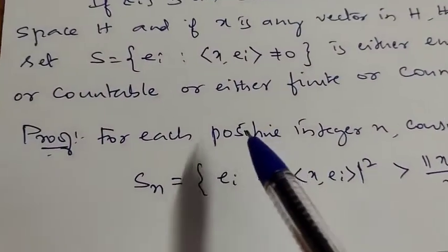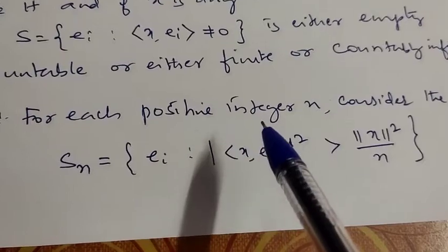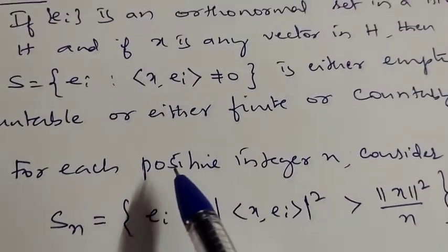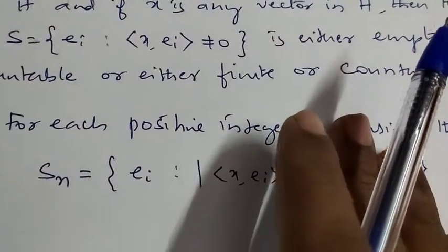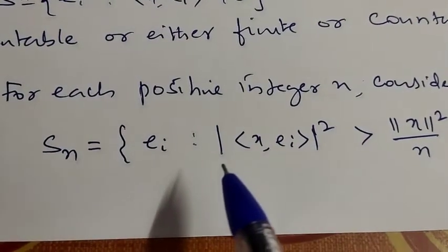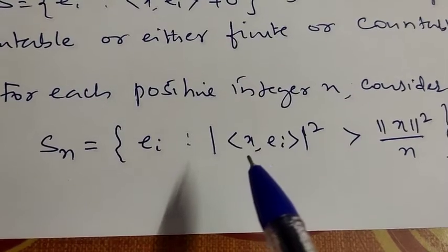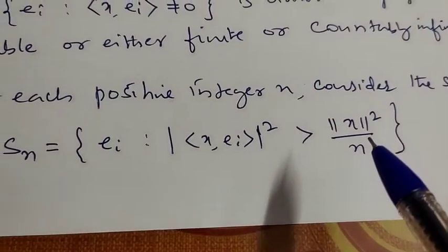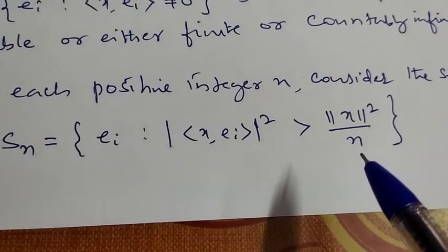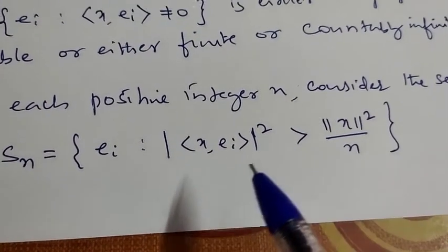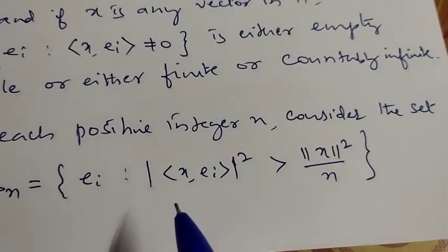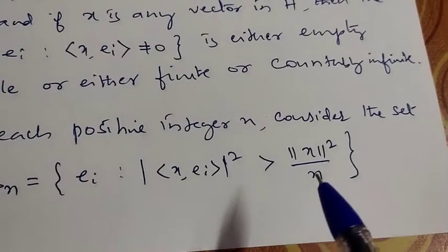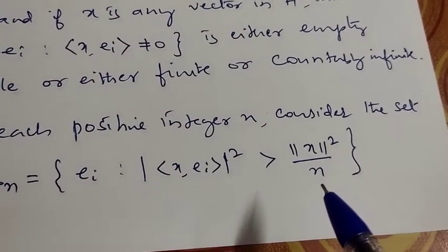For this, for each positive integer n, you consider the set S_n containing the set of all e_i such that the mod of the inner product of x comma e_i whole square is greater than norm of x square by n. This set is very important.